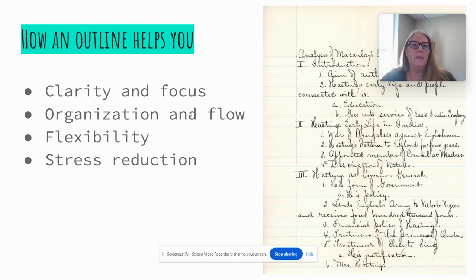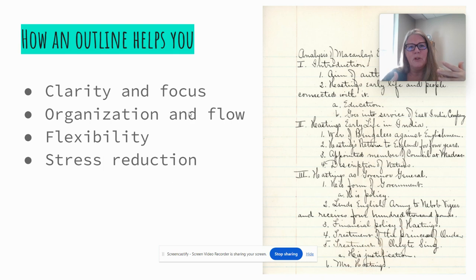So one of the things to think about is how an outline can help you as a writer. Some of the benefits you can get from an outline is it helps with your clarity and focus. It helps you decide what actually goes into the paper and what might not. Helps you make those choices.